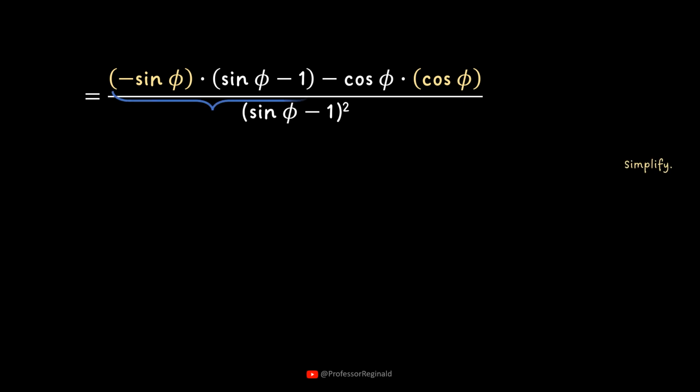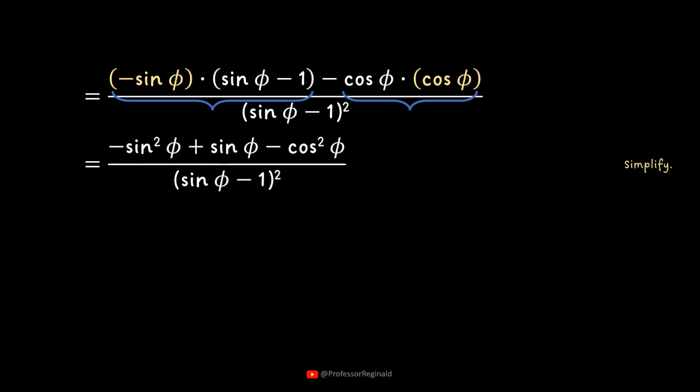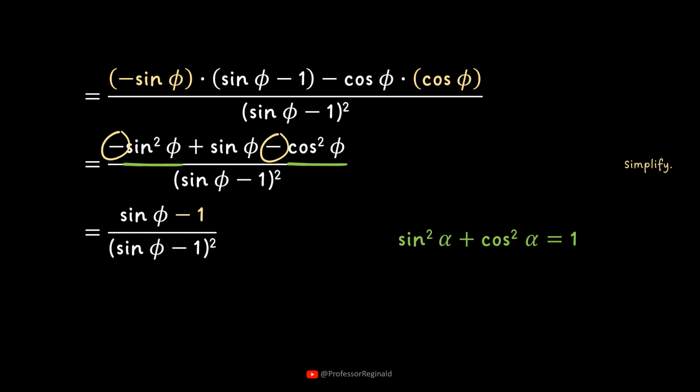Multiply the factors in the numerator. Use the Pythagorean theorem to simplify the numerator, and divide out a common factor. Hence, the derivative of f with respect to phi is equal to 1 all over the quantity sine of phi minus 1.